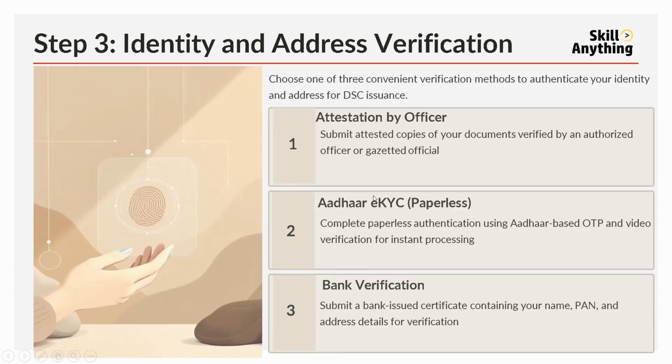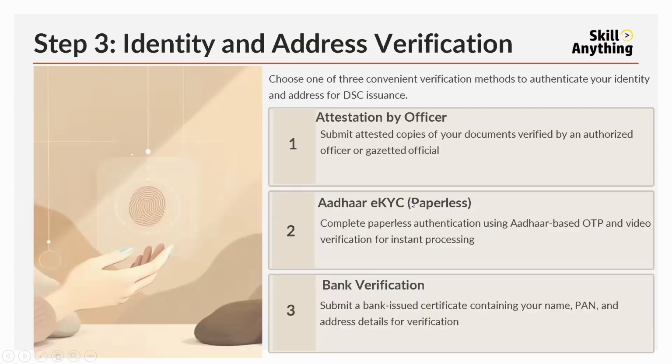Once you enter the OTP, you can click on verification, and your identity and address verification will be done. The third option is bank verification. Provide a bank certificate showing your name, PAN and address, and submit the document to your CA authorities.